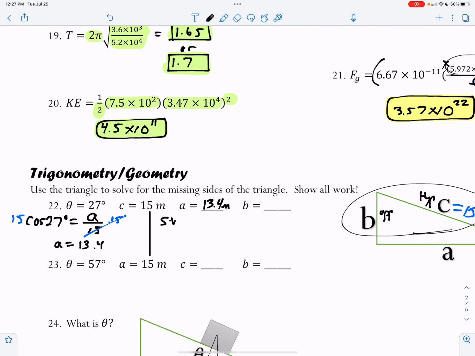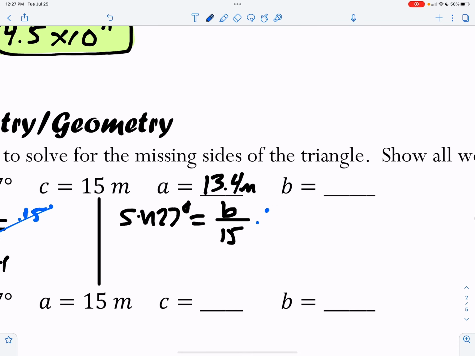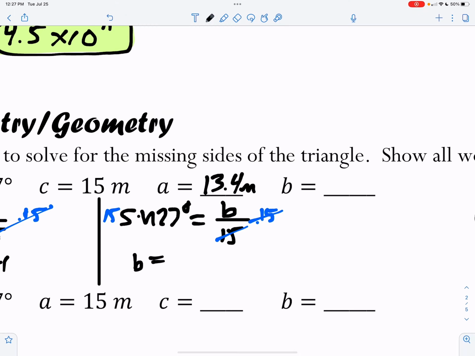So sine of that 27 degrees would be equal to B, the opposite side, over the hypotenuse, which is 15. Again, to solve for B, you multiply both sides by 15, just like last time. Cancels, cancels. B is equal to 15 times the sine of 27 degrees, which is roughly about 6.8 meters.